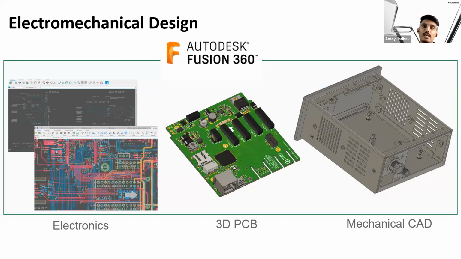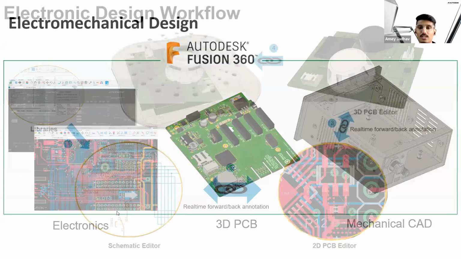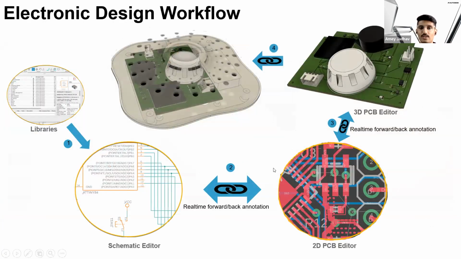If you're designing, say, a remote, the outer body of the remote can be directly designed in the CAD workspace, and the electronics of that remote, the PCB panel, can be designed in ECAD. That's how software is moving nowadays, and Fusion has all those capabilities. You can see it's a remote controller. The PCB design for the remote controller has been designed in Fusion itself, and the outer body has been designed in the CAD workspace.